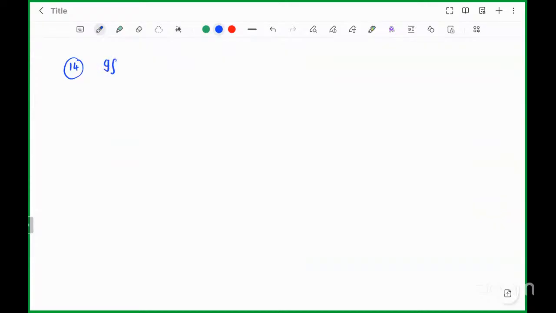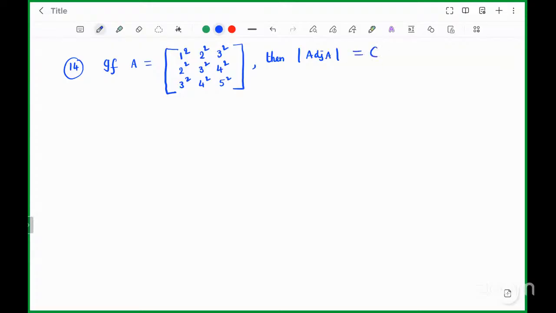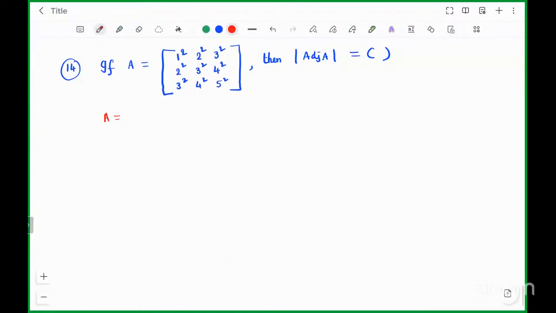If A equals [1 square, 2 square, 3 square; 2 square, 3 square, 4 square; 3 square, 4 square, 5 square], then det of adj A, the determinant of adj A.